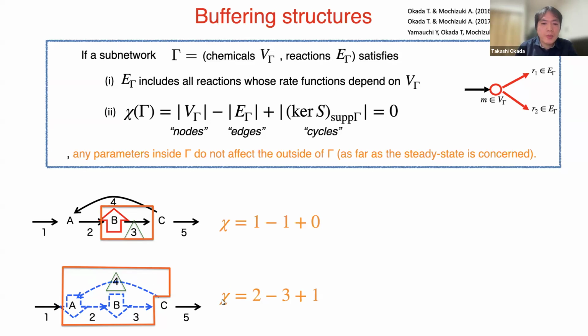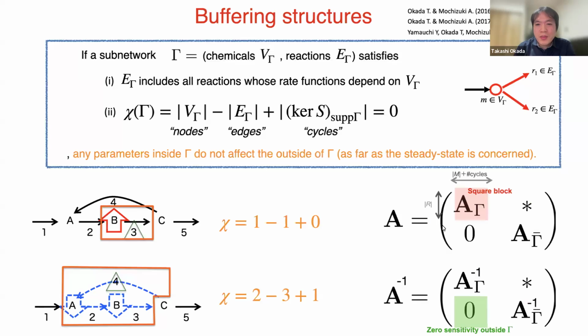So we have +1 here. So the index is 0. So this subnetwork is a buffering structure. And consistent with this theorem, the perturbation of reaction 4, I mean parameter K4, affects only A and B and the reaction rates inside this structure, and the concentration of C does not respond to this perturbation. Because C is outside of the buffering structure.